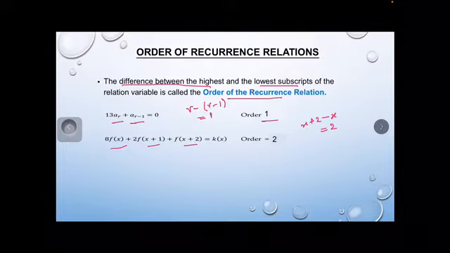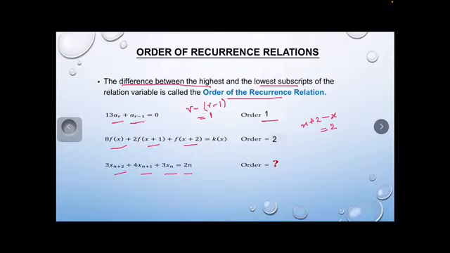Clear? Next, again we take this example: 3x_(n+2) plus 4x_(n+1) plus 3x_n is equal to 2. So what's the order here? Here we have three recurrence terms: n plus 2, n plus 1, n. So we say that the nth term depends on the two previous terms, n plus 1 and n.